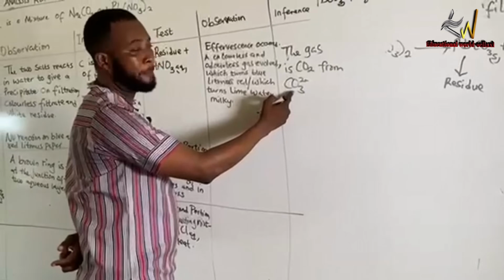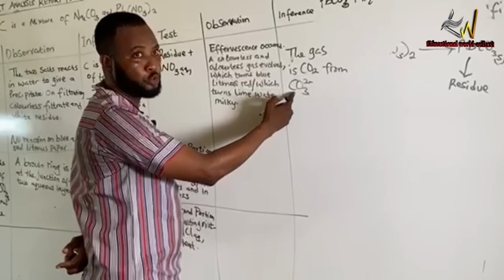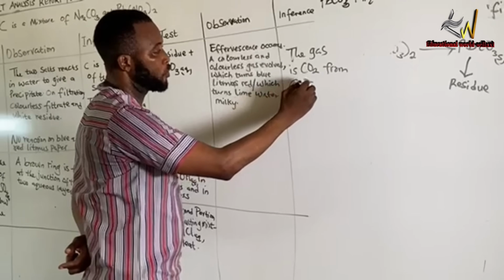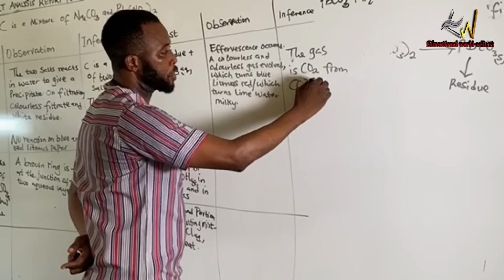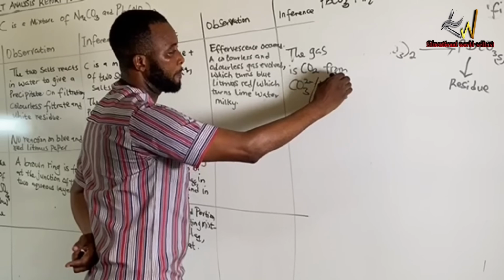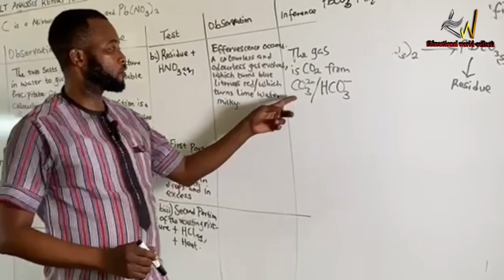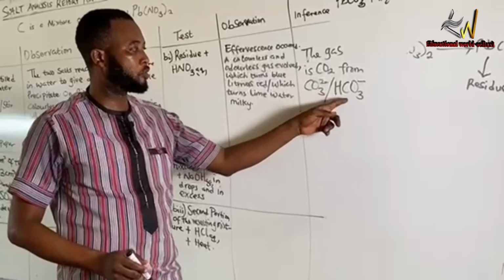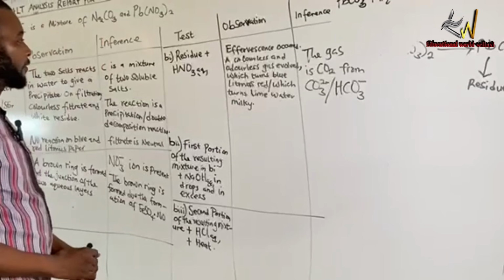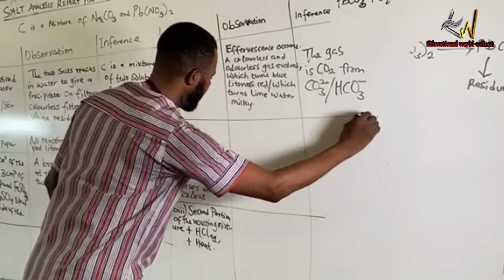They will assume perhaps a teacher must have told you it is the carbonate. So you will say or HCO3 minus. So CO2 can come from either carbonate ions or hydrogen carbonate ions. So that is our report.